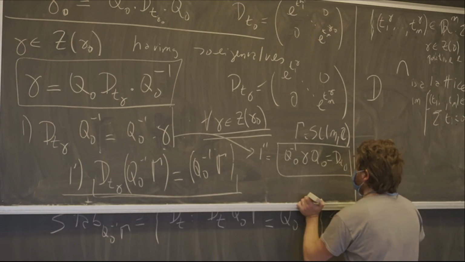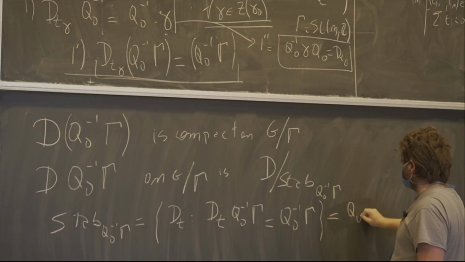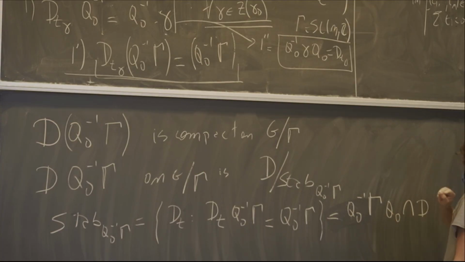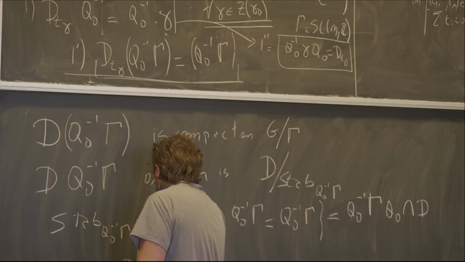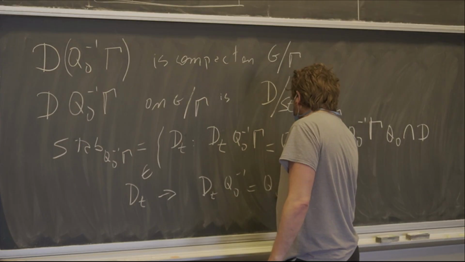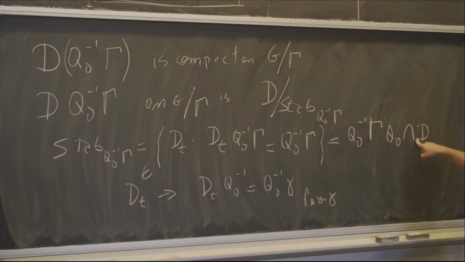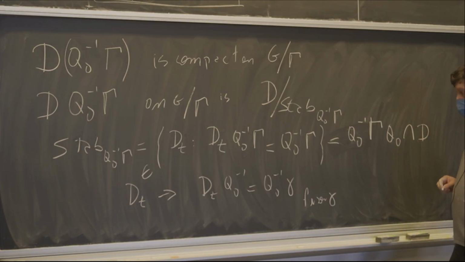Now I transform this into, this is exactly the same as Q naught inverse gamma Q naught intersected with D. And then you can check that if d sub t belongs here, then d sub t Q naught inverse equals Q naught inverse times gamma for some gamma, which implies it belongs here, because d is in D, and I conjugate and I get it in gamma, and vice versa.